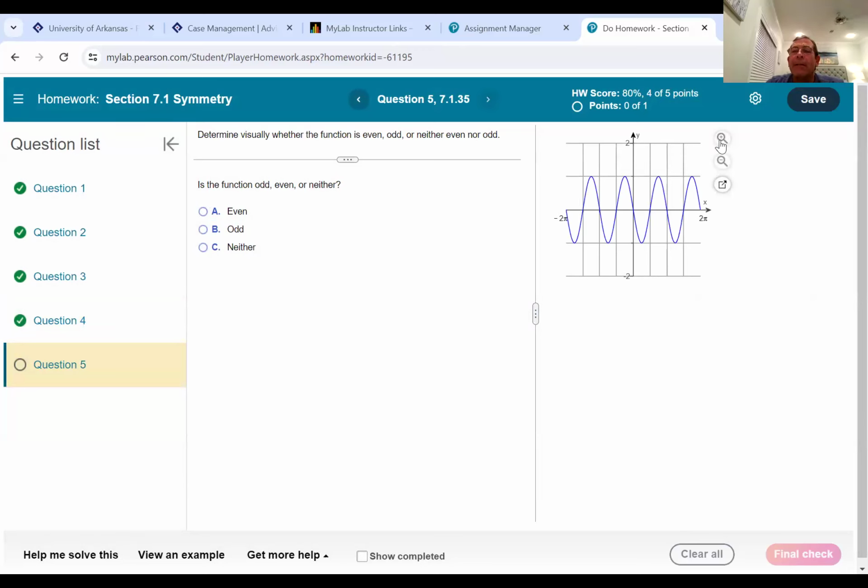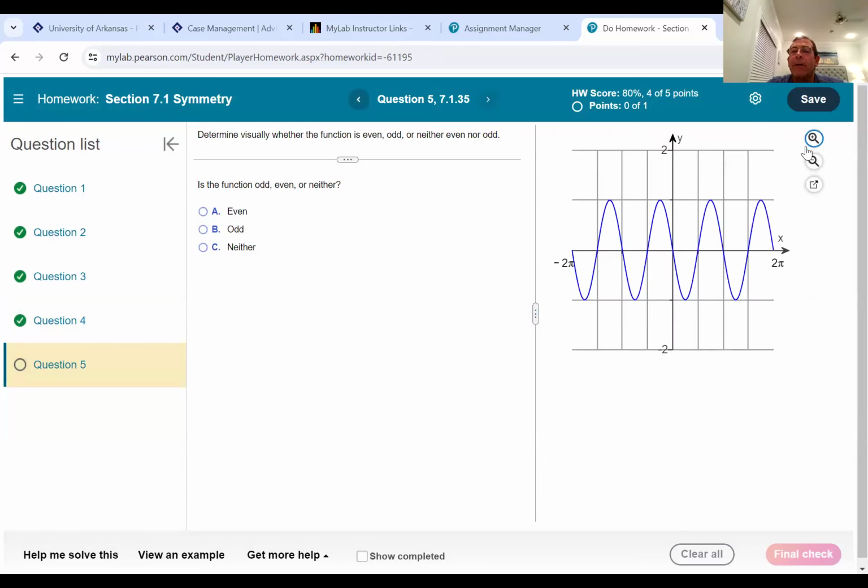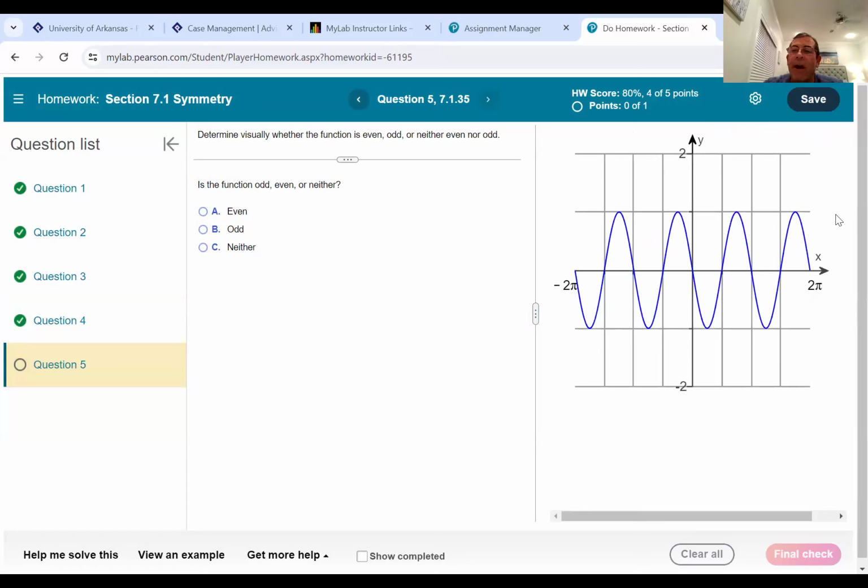All right, let's make this one a little larger. Is this graph, this is pretty much what you might call a sine wave, if y'all have ever seen those. But is it odd, even, or neither? Neither. It's odd. Oh, so I got an E, odd, and I got a neither. So check this out.